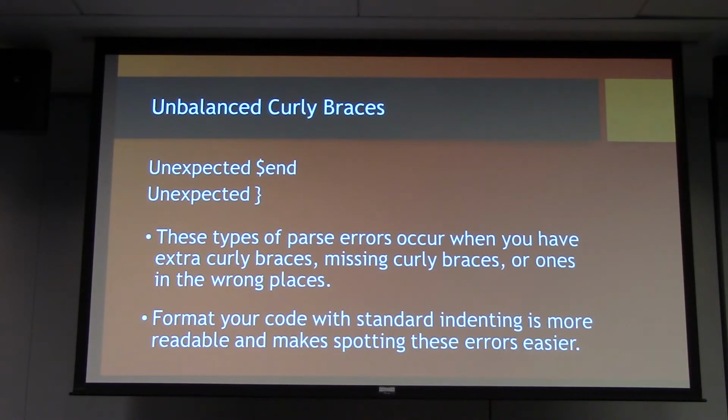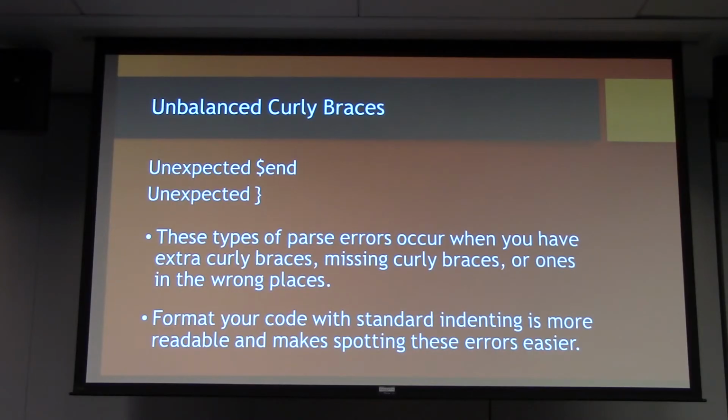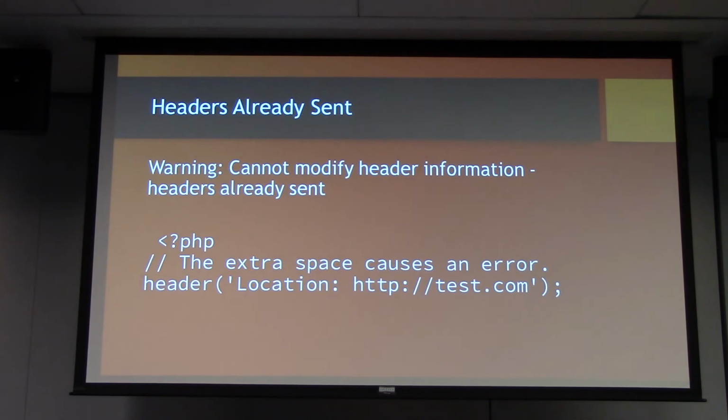Anytime you open a function or a code block, like a control structure such as an if statement or a while loop, you want to indent everything inside that by one extra tab. And then when you close your curly brace, move everything back one tab. If you're missing a curly brace, PHP will report that the error is at the very end of your document because it doesn't know where it should be. That can be one of the trickier problems to track down.